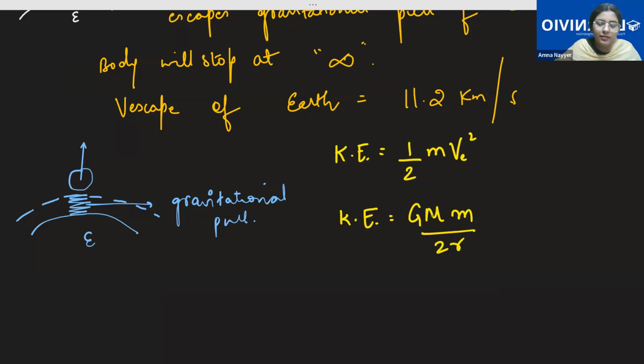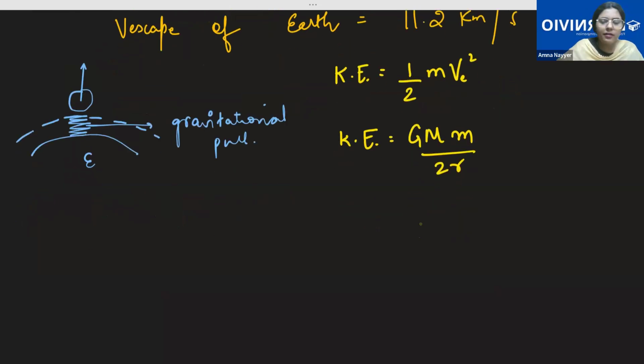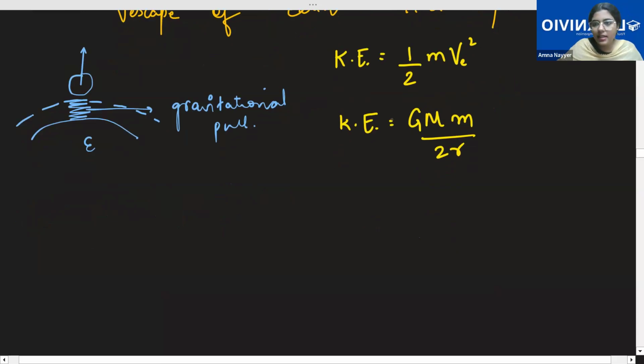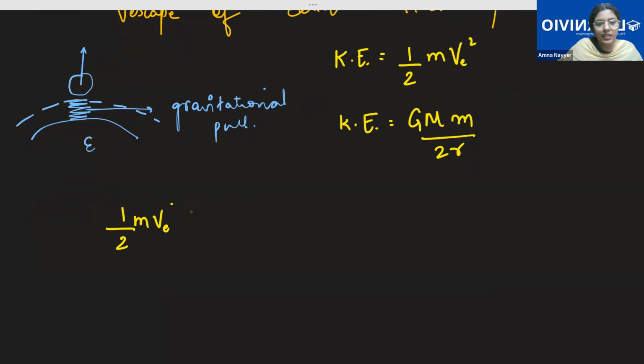How is this possible and all? I'll tell you later. Right now, just remember it. So both the kinetic energies can be equated. So we can say half m v e square is equal to G capital M small m by 2R. Right? So this m will be gone from here.